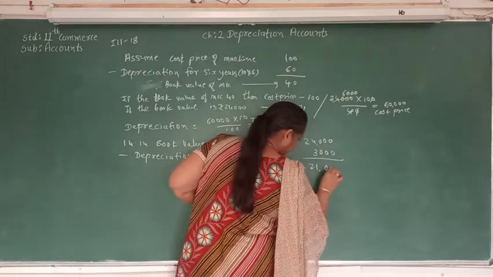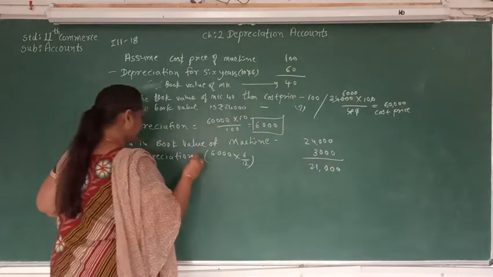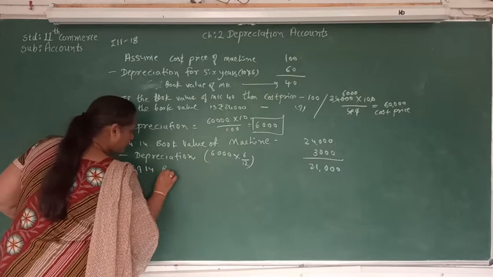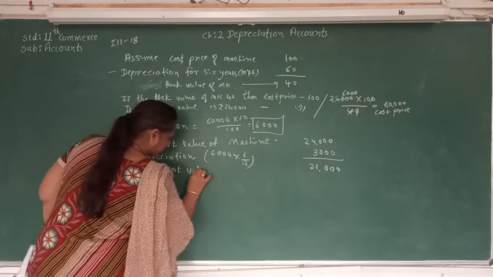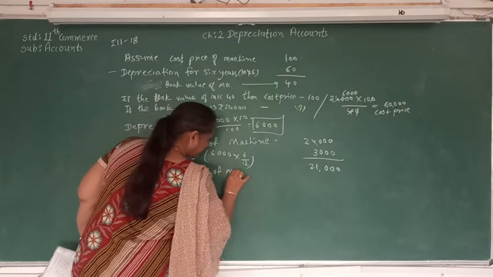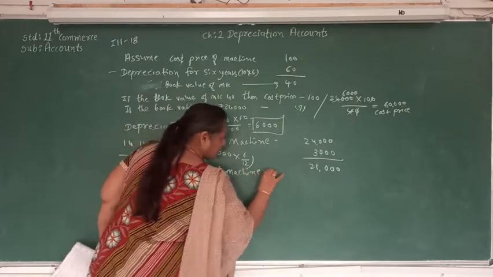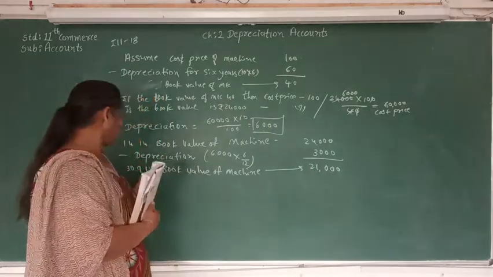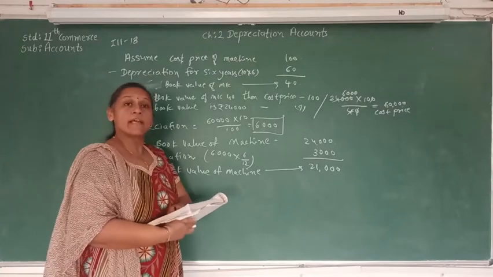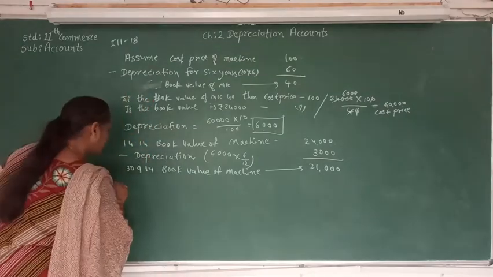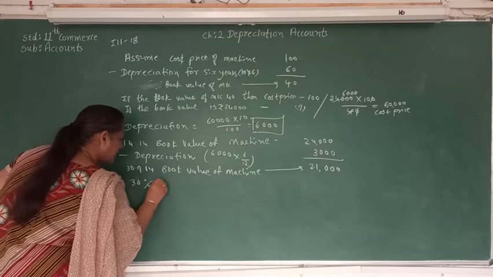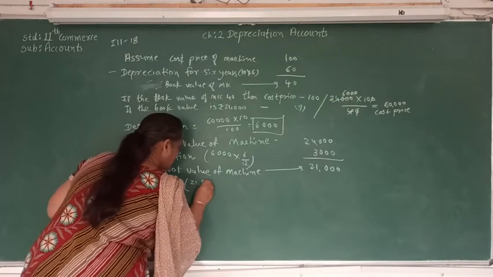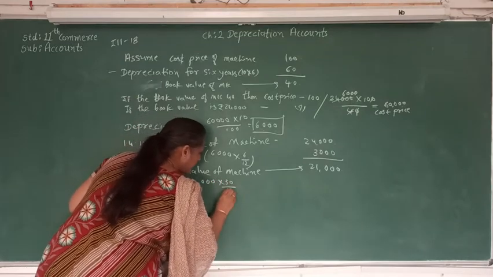Now this is the book value as on 30/9/14, book value of the machine. Now in the sum it is given that on 30/9/14 the machine was sold at 30% loss. So now let's calculate the amount of loss, 30% loss. That will be 21,000 into 30 upon 100.